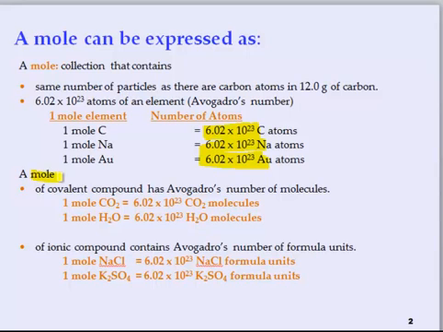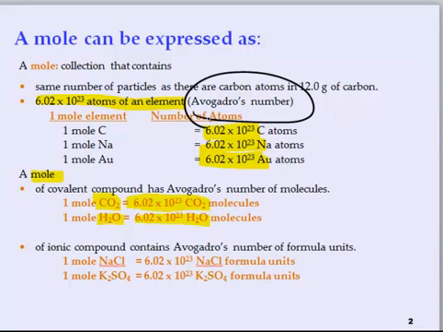We can also use the term mole to count the number of molecules. So whether it's carbon dioxide, which is a molecule, or a molecule of water, each will have the same number of molecules, which is 6.02 × 10^23. This value is called Avogadro's number, based on an Italian physicist who calculated this very, very large number.